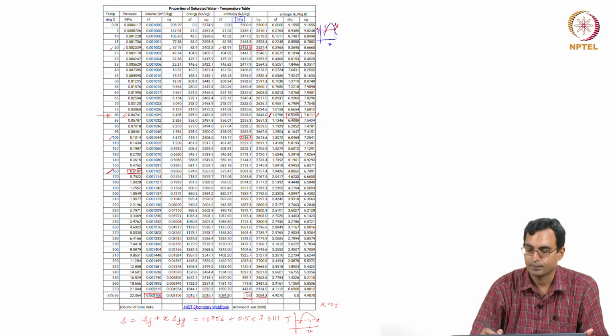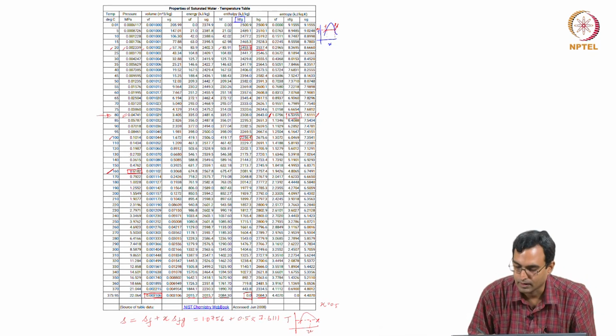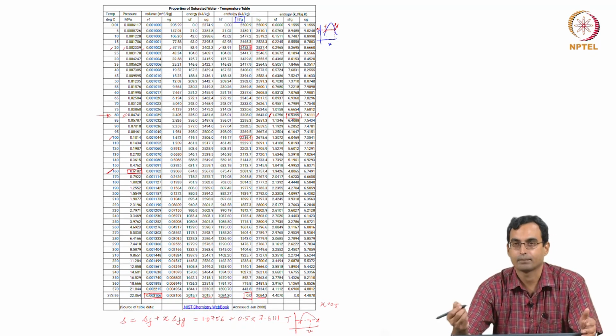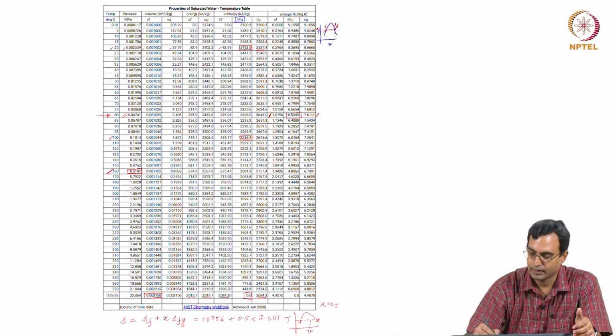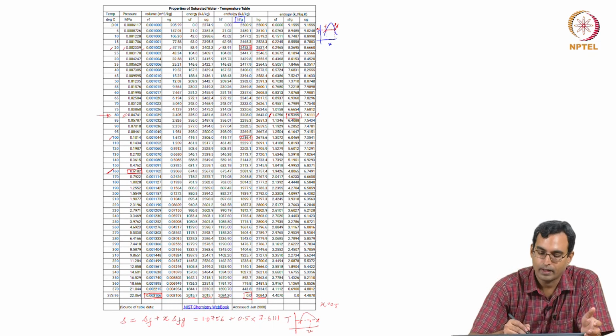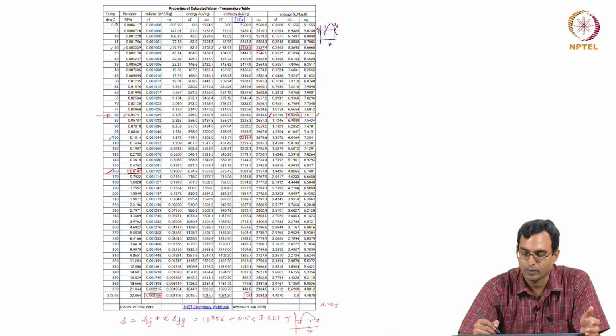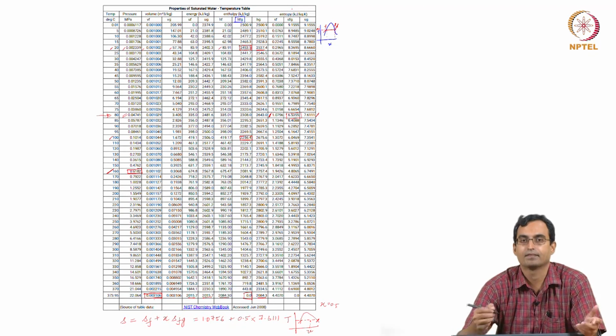So, we can find out the entropy at each state. There is of course some datum. This assumes that the entropy is 0 at some condition. We can find out that by just going up the table. So, this table is made assuming that the entropy of the liquid, pure liquid, is 0 at the triple point of water, which is essentially 0.01 degrees centigrade. If you use some other tables, it may have a different reference.